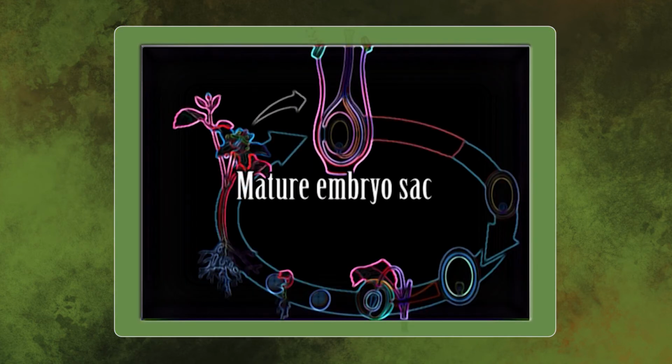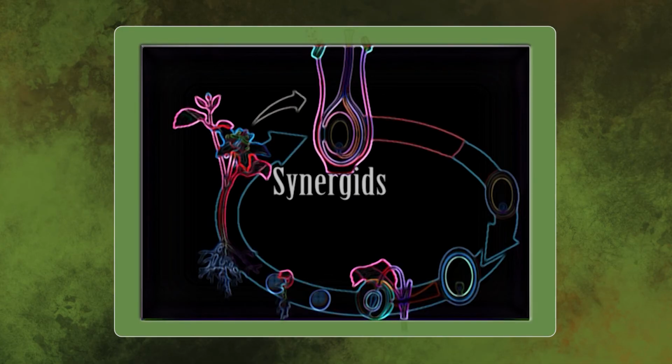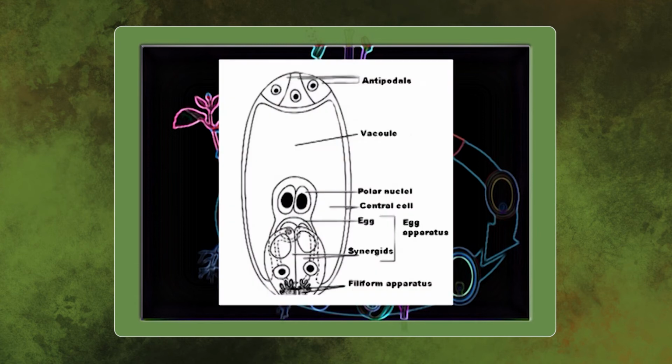Now, the mature embryosac. The structure and possible function of various components of a mature embryosac are as under. Synergids. The synergids are elongated cells present at the micropylar end of the embryosac. A prominent structure called filiform apparatus is present at the micropylar end of the synergids.